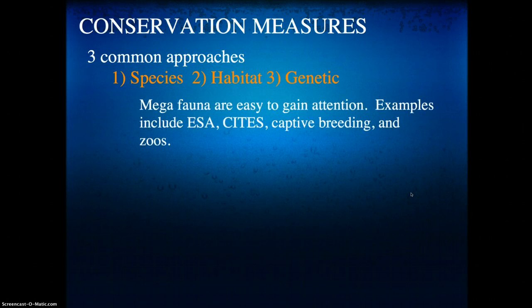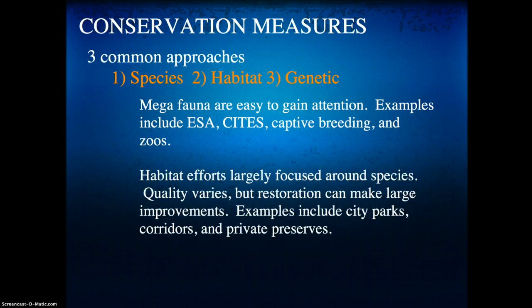Another common approach is habitat efforts. These are largely focused around the species level, so even the ecosystem approach usually uses marketing of the species to be successful and to gain funds. The quality of habitat conservation really varies, but restoration can make a significant improvement to the ecosystem. Think of your area at home.